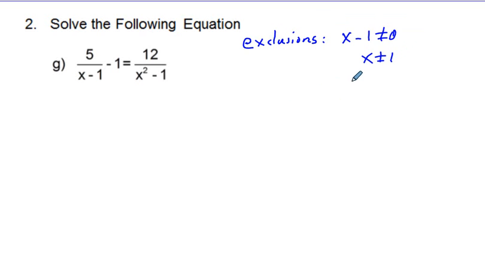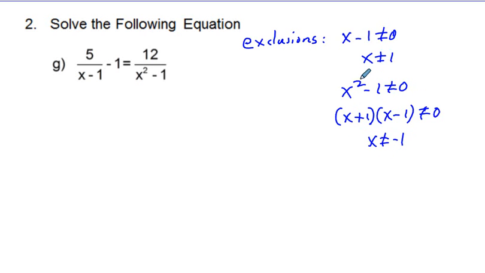And we also know that in this denominator on the right side, x squared minus 1 cannot equal 0, so therefore x plus 1 times quantity x minus 1 cannot equal 0. And we already found the exclusion that x cannot equal 1, but also we're going to find x cannot equal negative 1. So these would be our excluded values.